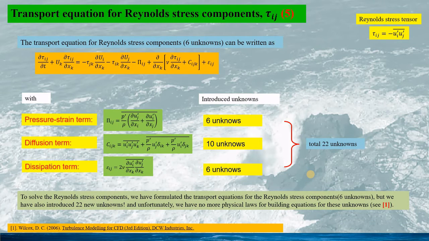Therefore, to solve the Reynolds component, we formulated the transport equation, but we have also introduced 22 new unknowns. And unfortunately, we have no more physical laws for building more equations for these unknowns. More details can be found in the book, Turbulence Modeling for CFD.